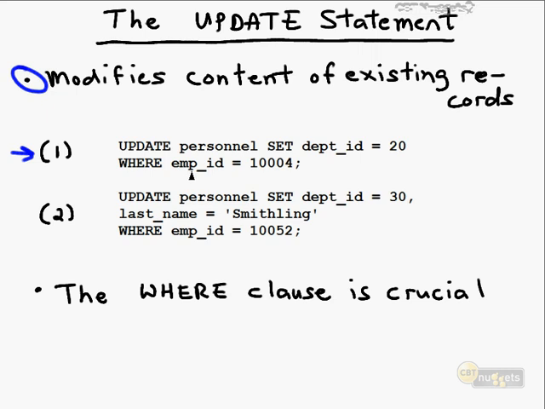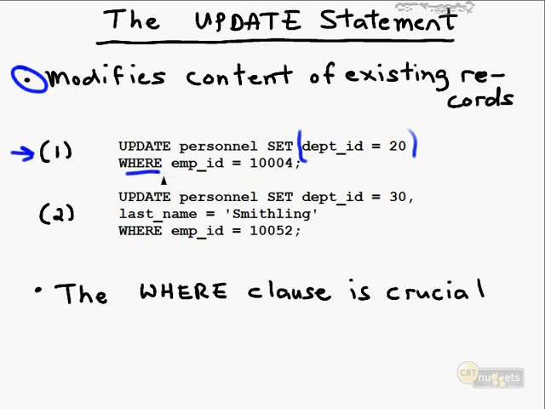If we wanted to update the personnel table and change one row of data, what we would do is specify update, target table name, use the set command, and then a comma-separated list of any columns that we want to change. In this case, it looks like we're changing department ID to 20. Now, that's what you want to change.